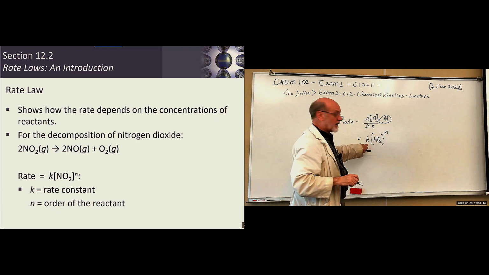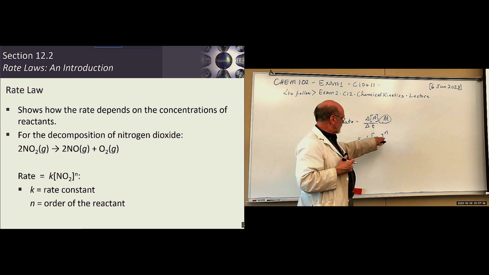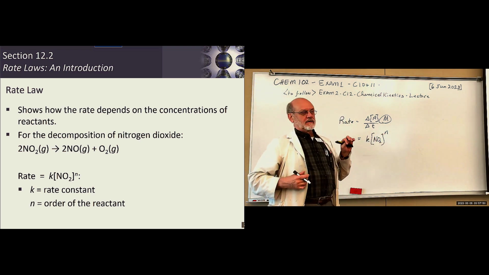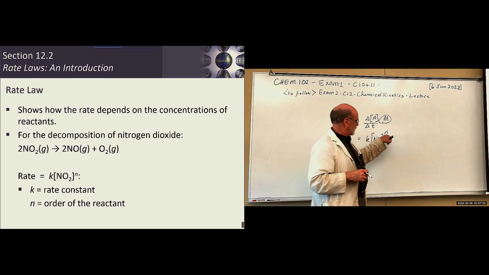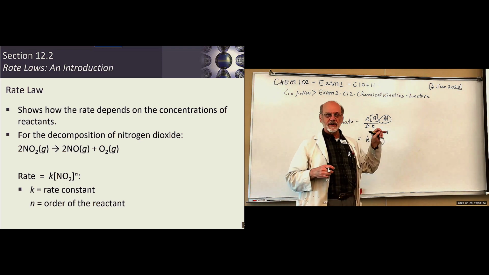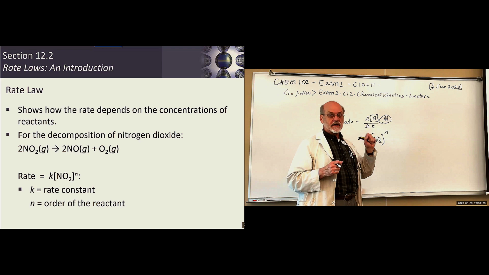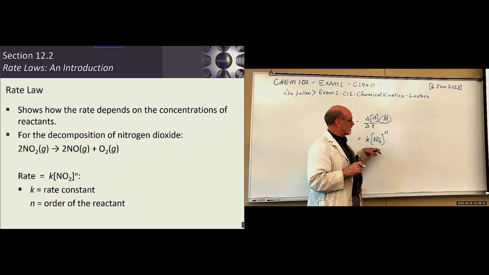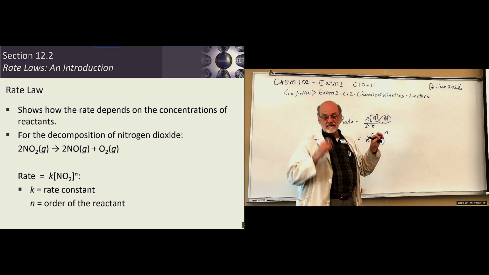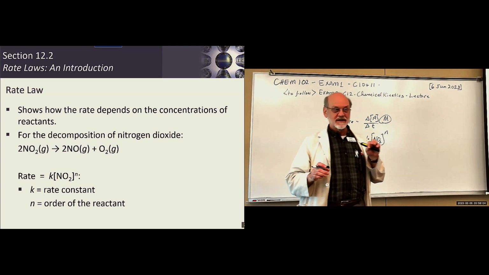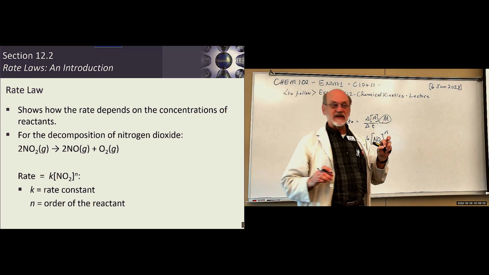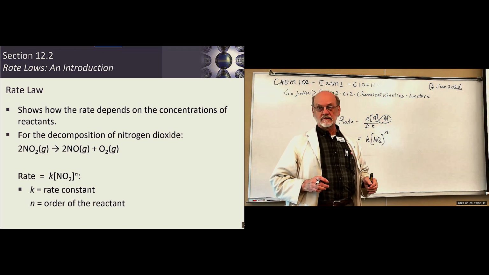Right, so this will be a constant. And we're going to study three possibilities here, where n equals 0, n equals 1, and n equals 2. But experimental determination of these values should mean that it doesn't have to be a whole number.